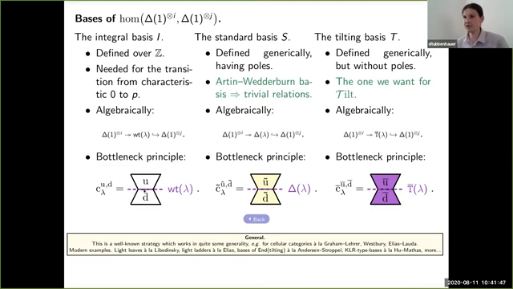Okay, and they're all constructed by this bottleneck principle, which I call light leaf spaces, it's always kind of the same strategy. Cellular bases, whatever you want. But let's focus on those two. So the standard basis, why am I so interested in this? Well, this is the basis that splits off the delta factors, the simple factors from the tensor product.